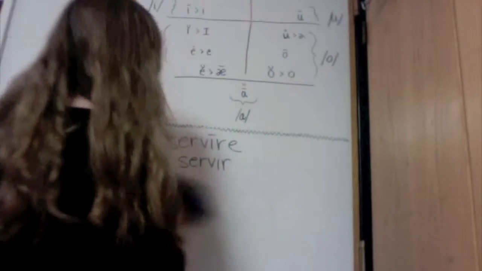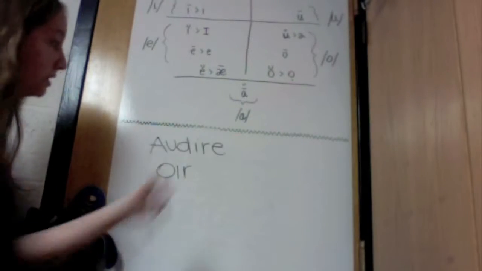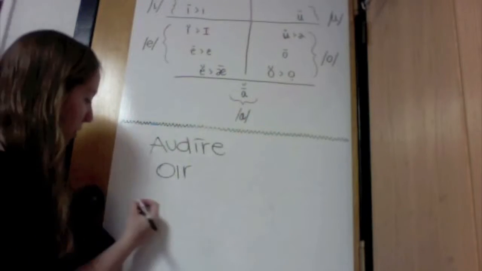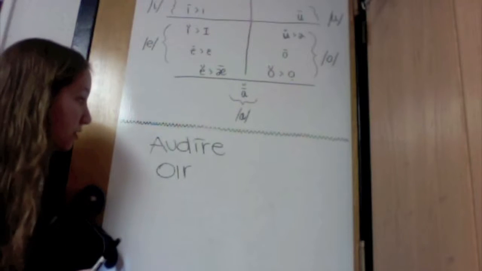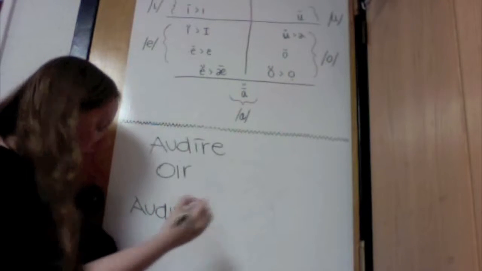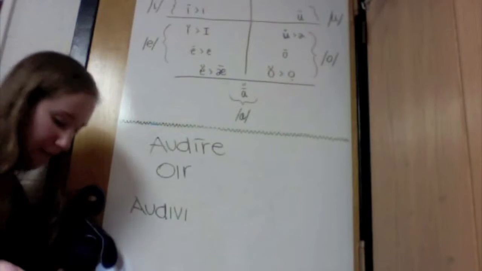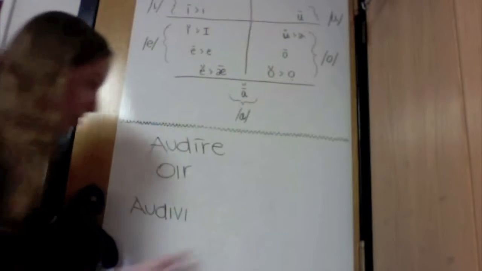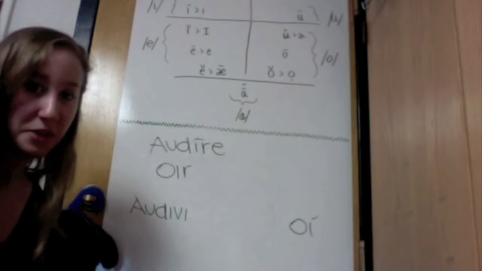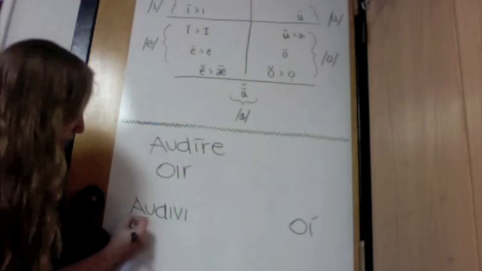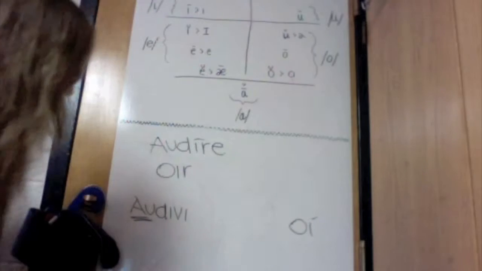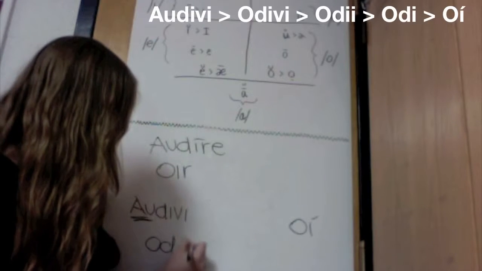Now let's do another verb. This one's really interesting. Audire in Latin means to hear, and oír in Spanish is to hear. The Latin preterite for audire is audivi, I heard, and the Spanish I heard is oí. And again, they don't look similar at all, but because you have the AU here, the A and the U change to an O. So then you get odivi.